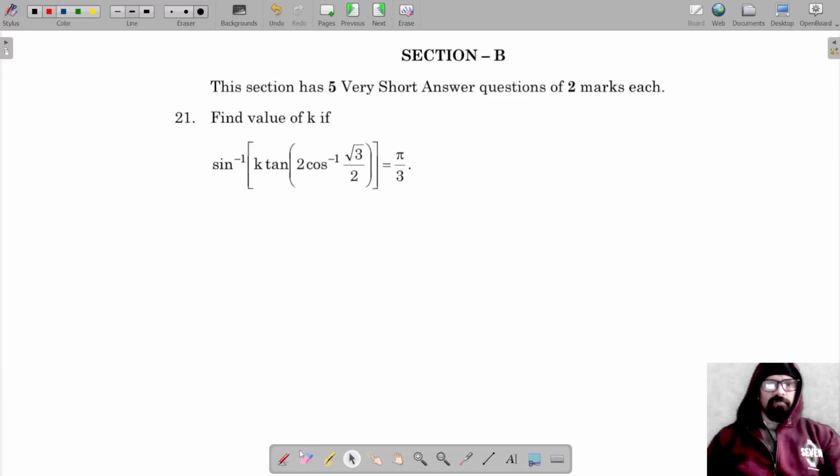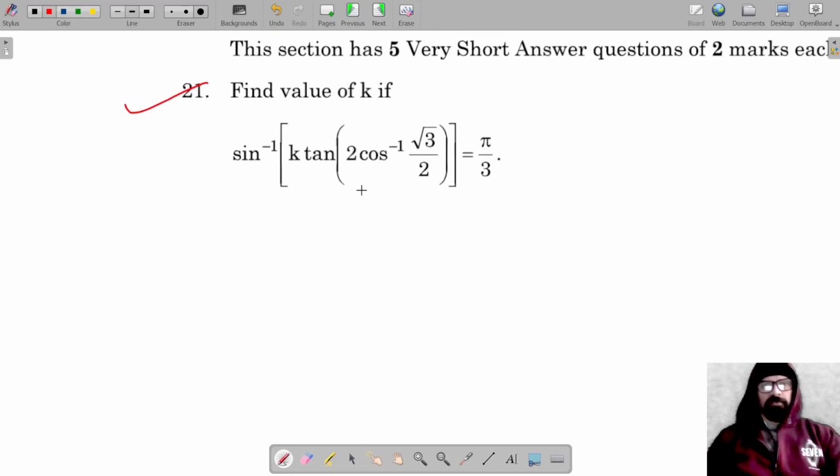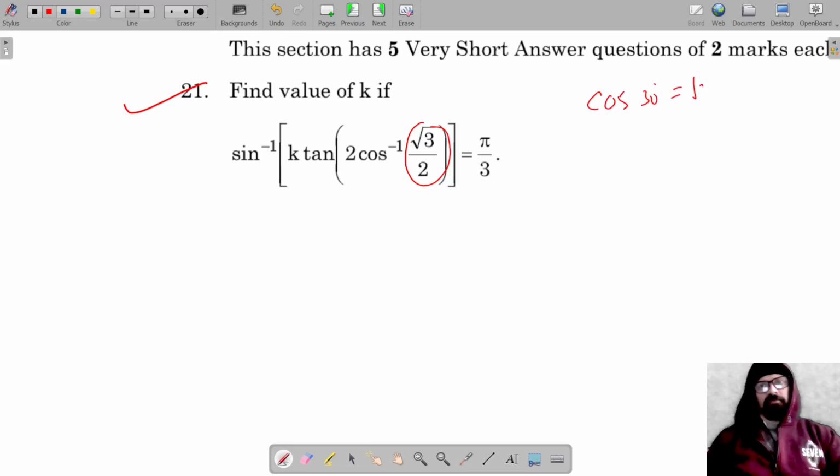For question number 21, we have to find the value of k if sine inverse k tan 2 cos inverse root 3 by 2 is equal to pi by 3. So root 3 by 2, we know that cos 30 is root 3 by 2, and 30 in terms of radian is pi by 6.